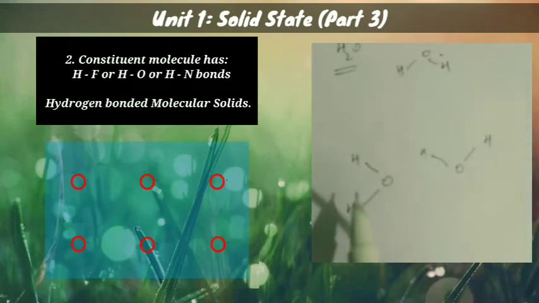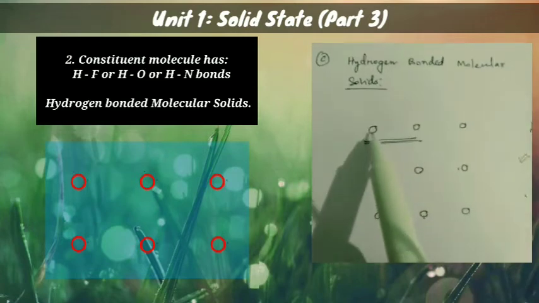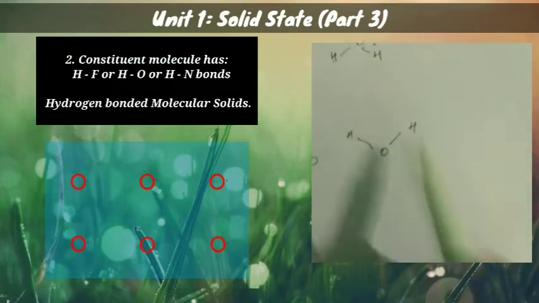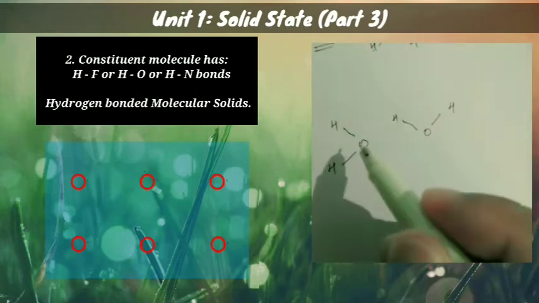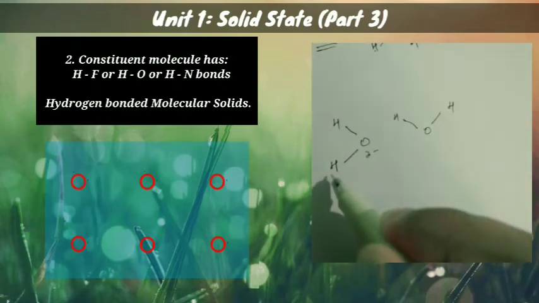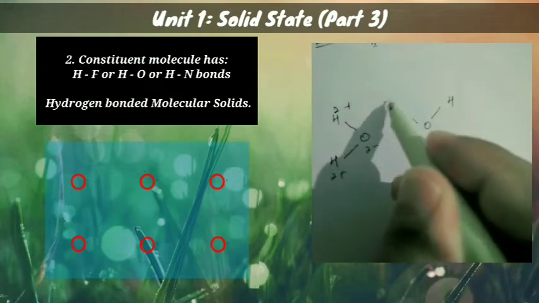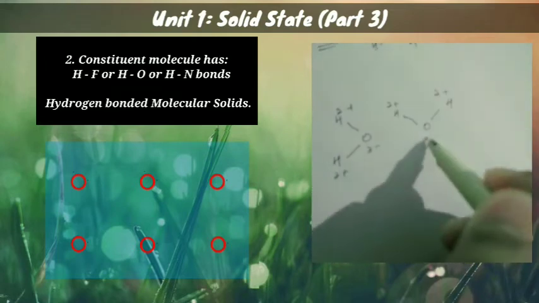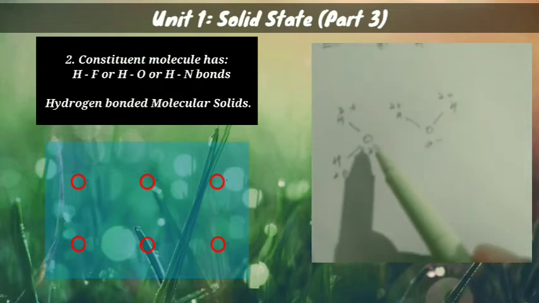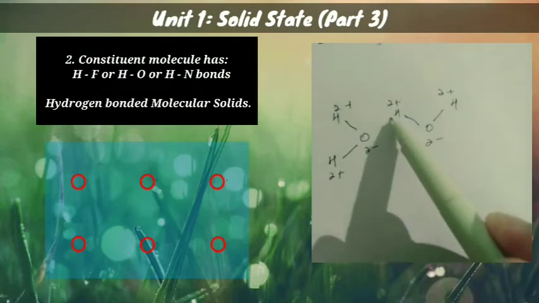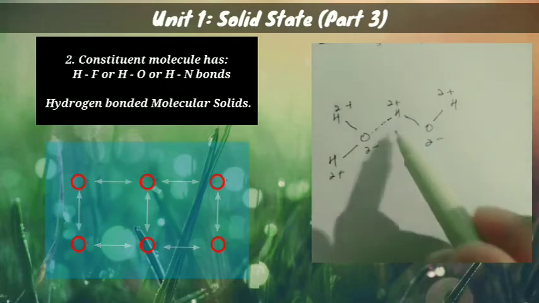Since there is some dipole moment, this is negative and this is positive. So this oxygen and this hydrogen will form a hydrogen bond, an intermolecular hydrogen bond.